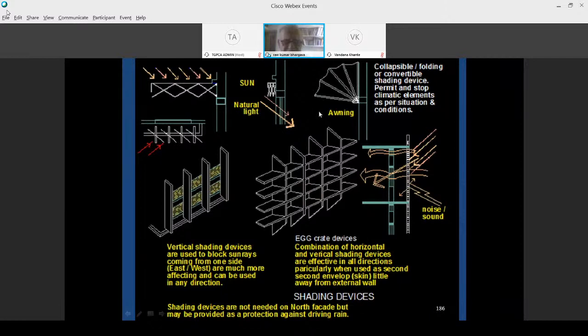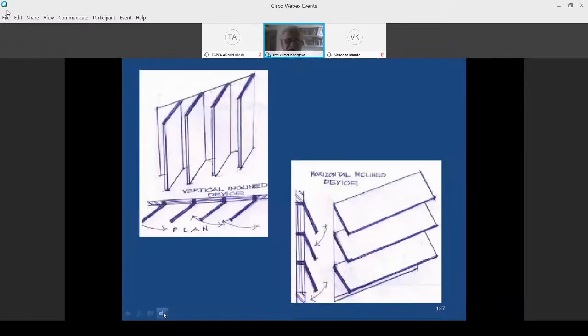Whatever the limitation vertical shading devices and horizontal shading devices have can be solved with a combination of horizontal and vertical shading devices. Friends, these are the different types of shading devices.